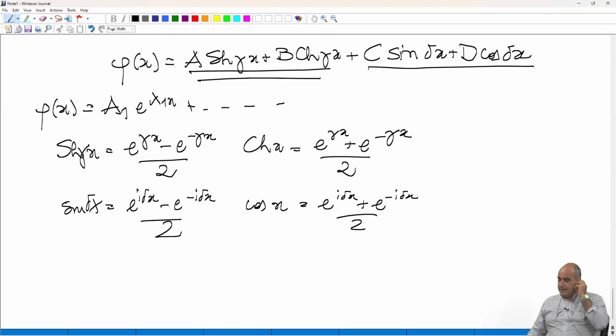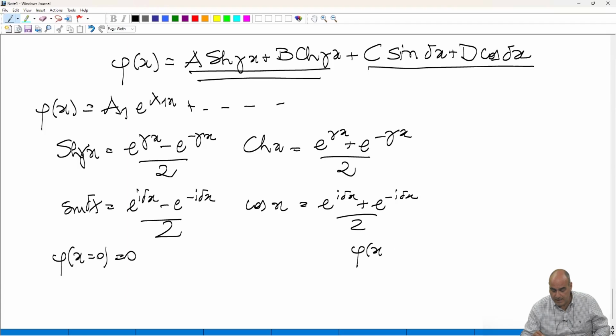But from the experience that we have garnered before, we actually immediately can write only 2: phi equal to 0 in x equal to 0, and phi in x equal to L equal to 0.